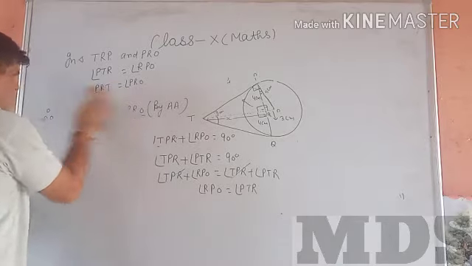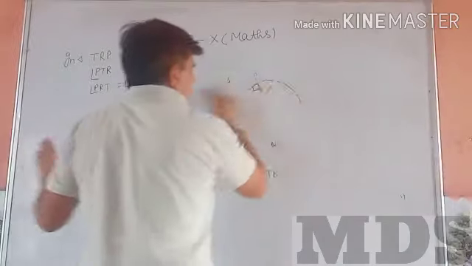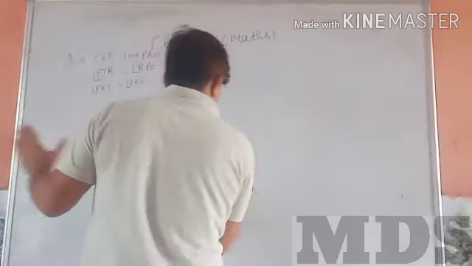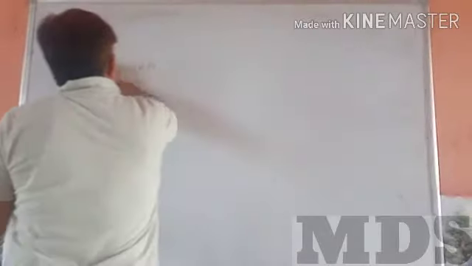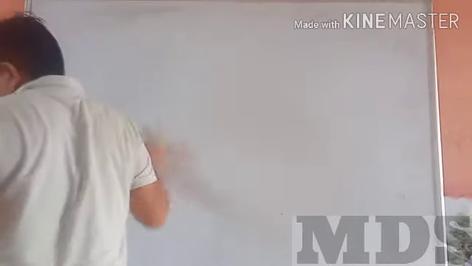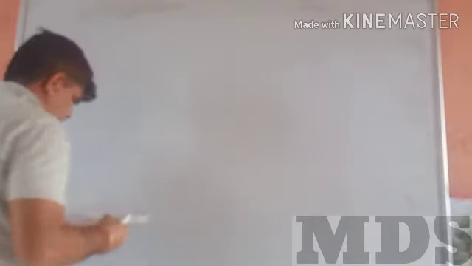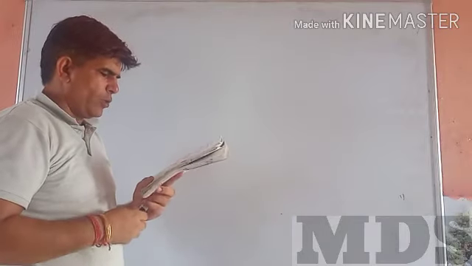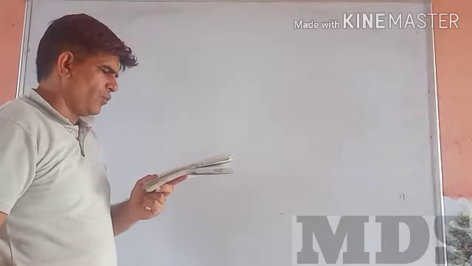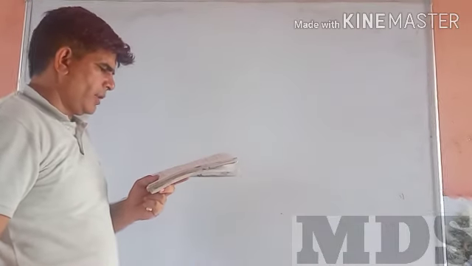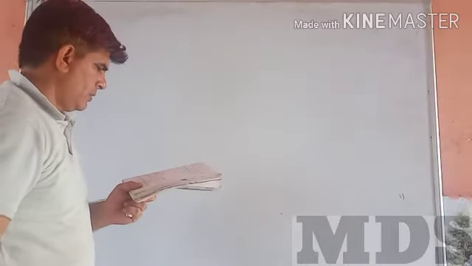Now your exercise. First question given: from a point Q, the length of the tangent is 24 cm, the distance of Q from the center is 25 cm.